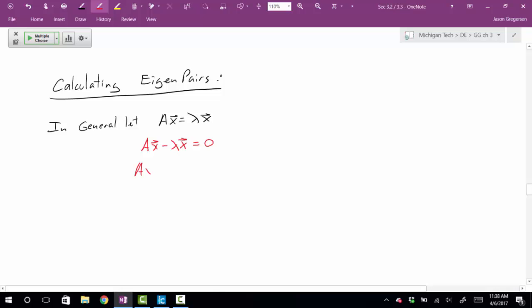If I were to factor out the x, I would get an equation that looks like this. Some people will say that this is the eigenvalue, eigenvector equation. Some people say this is the eigenvector value. They're the same, one just leads to the other. This is the one that we're really going to use, though.